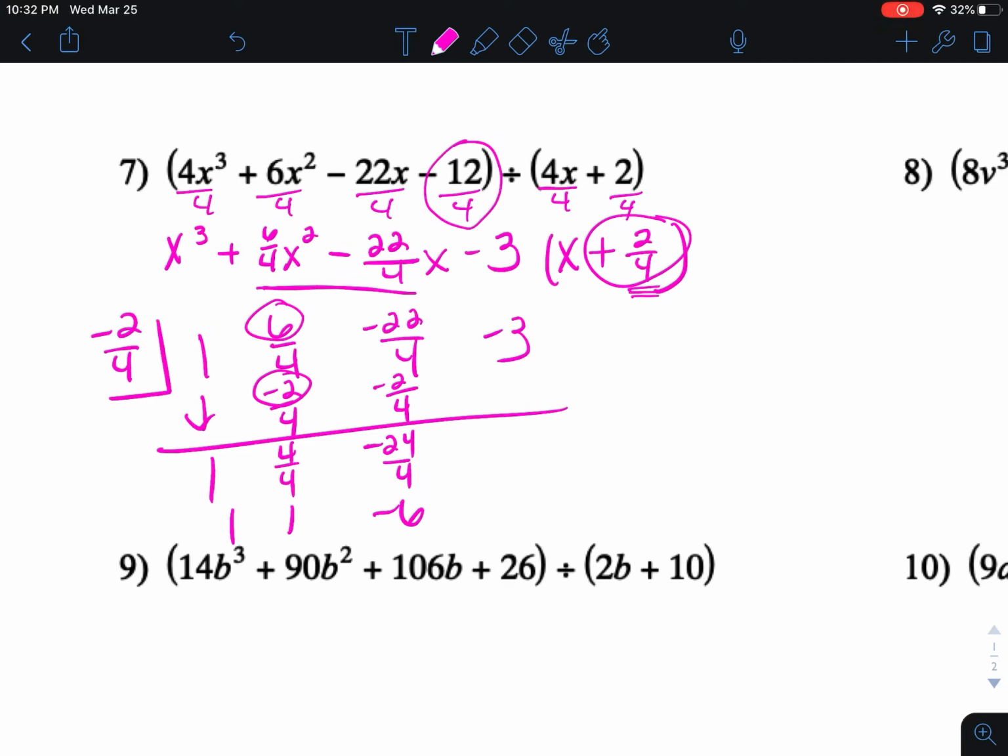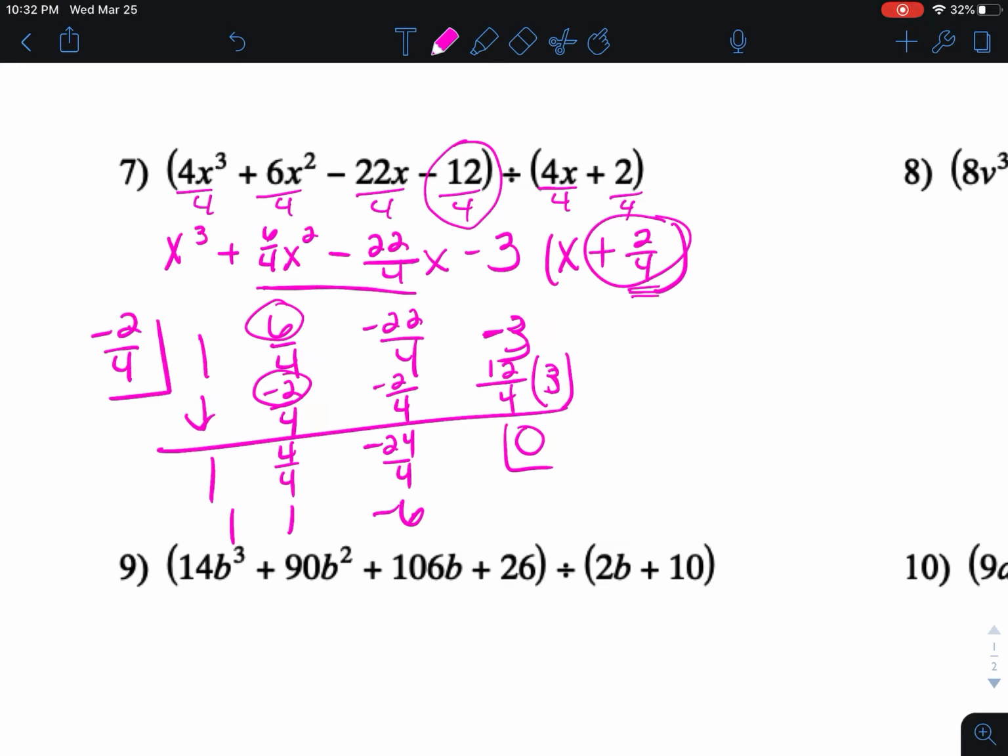And then I have -2 times -6 gives me a positive 12 over 4. And 12 over 4 is the same thing as 3, right? 12 divided by 4 equals 3. So then I have -3 plus 3, which gives me 0. So no remainder on this one.